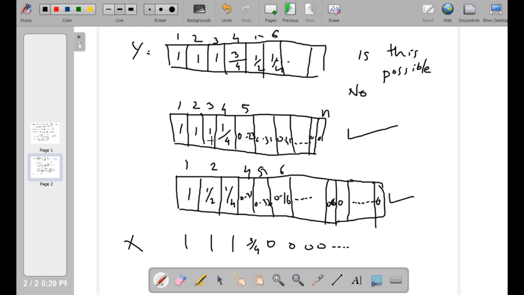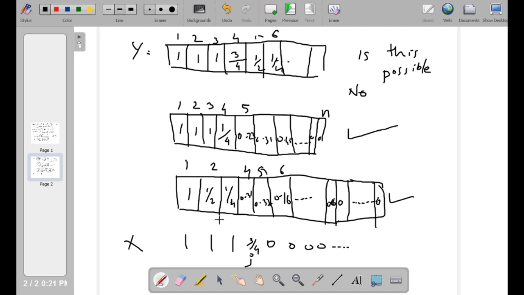You can see the difference happens at a point before this fourth cell. Let us call this J. The difference occurred at a cell before J, isn't it?